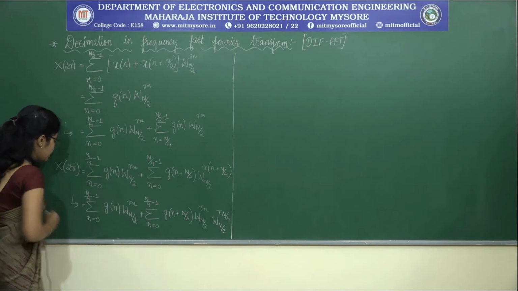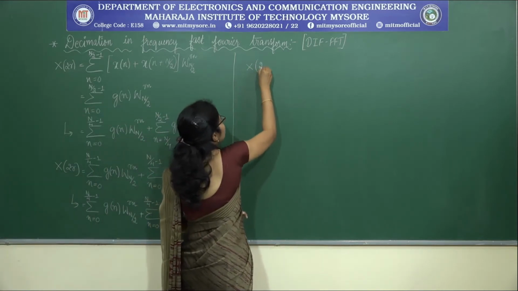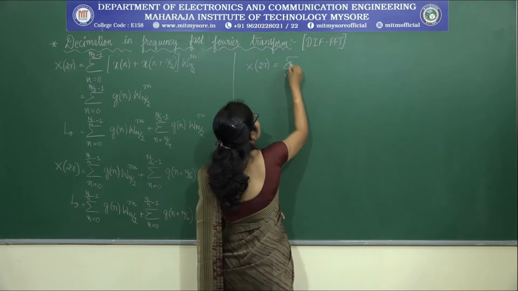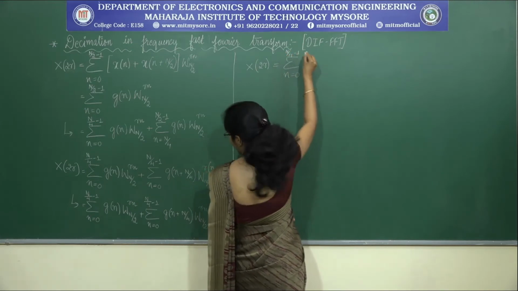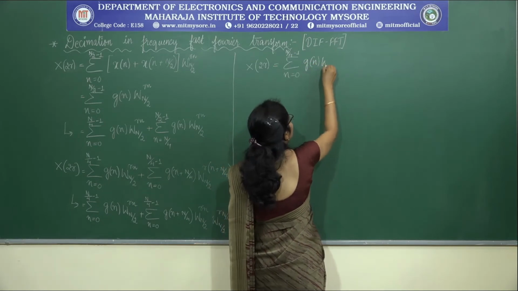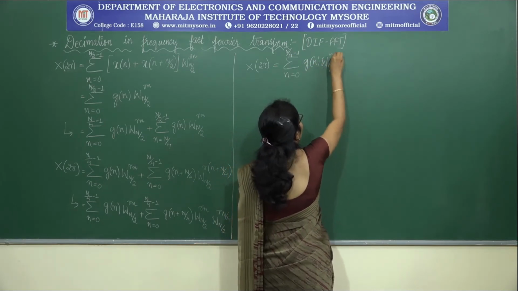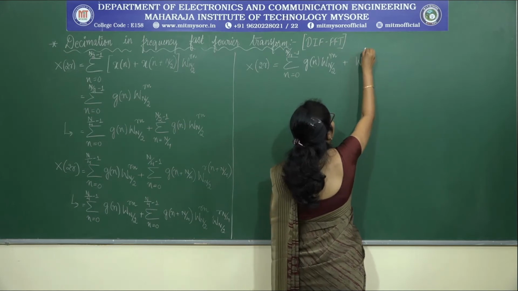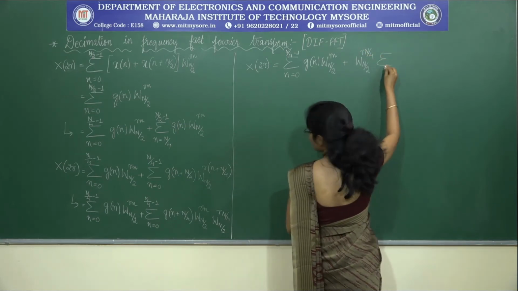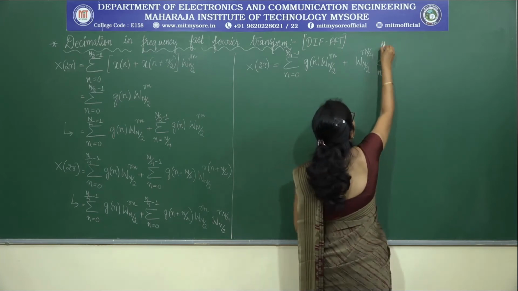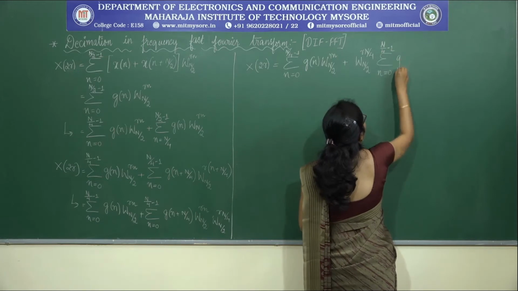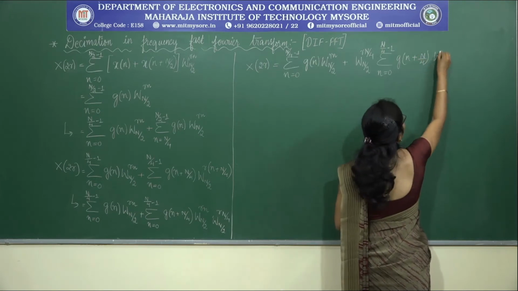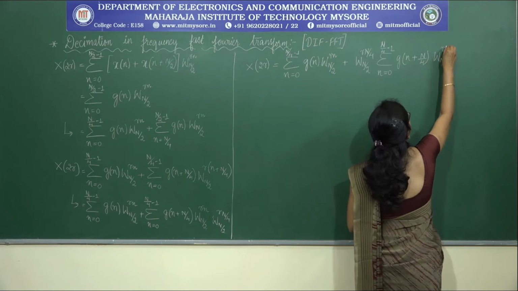So, if I rewrite this equation, I can write it as x of 2r will be equal to summation n ranges from 0 to n by 4 minus 1 g of n into omega n by 2 to the power of Rn plus omega n by 2 to the power of R into n by 4 into summation n ranges from 0 to n by 4 minus 1 g of n plus n by 4 into omega n by 2 to the power of Rn.